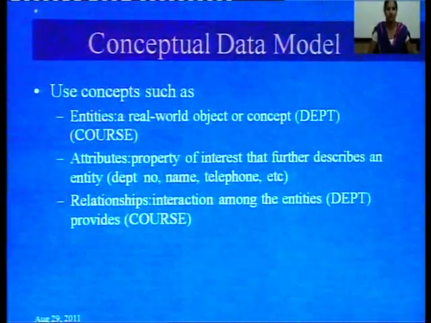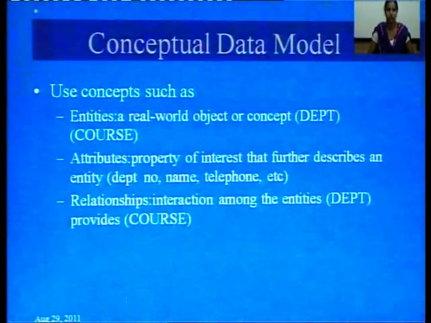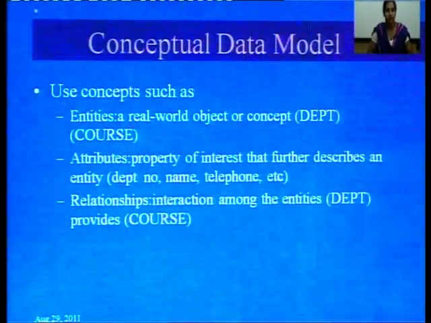For example, entities are a real world object or a concept. If I take the example of a student, then department or course, meaning a student is studying in which department, in which course. This is one entity.